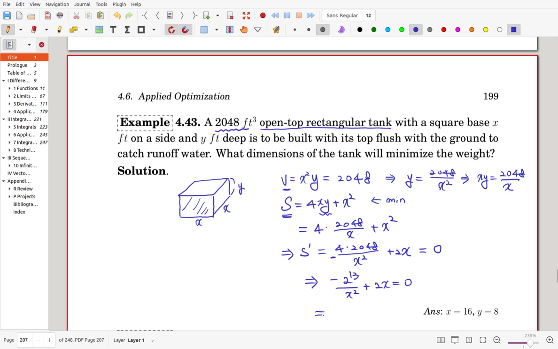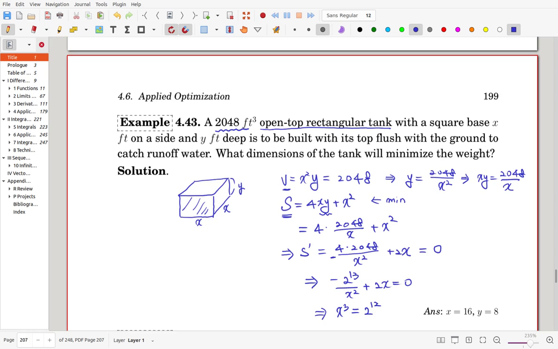That means, dividing by 2, we get 2 to the 12. So x squared will be multiplied, and x cubed equals 2 to the 12.